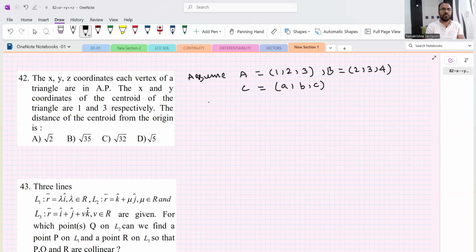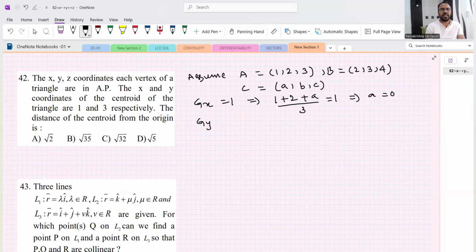So the centroid x coordinate is given as 1. That is nothing but (1 plus 2 plus a) by 3 equal to 1, which implies a equal to 0.